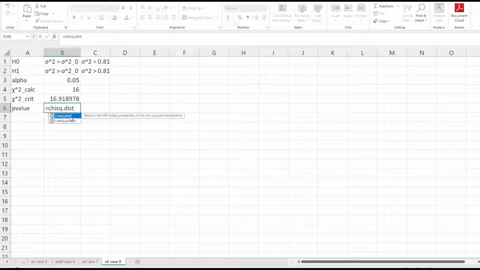Etong dist is from the left tail probability of the chi-square distribution. Si Excel pala, it has a dist na from the left, tas meron din siyang distribution from the right. So, let's use .rt, no? We use .rt. Tapos, ang x value natin is etong critical value natin. Sorry.